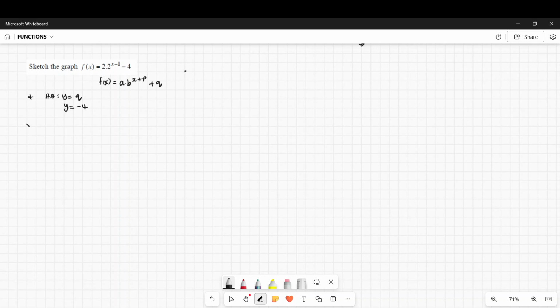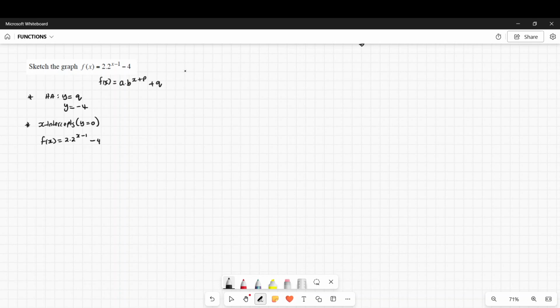Now the next step is to get your x and y intercepts. So now we know for the x-intercept, we're going to have to let y be equal to 0. So now f of x is equal to 2 times 2 to the power of x minus 1, minus 4, right?